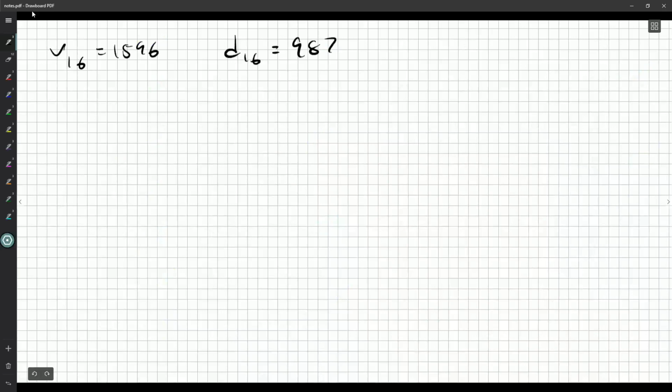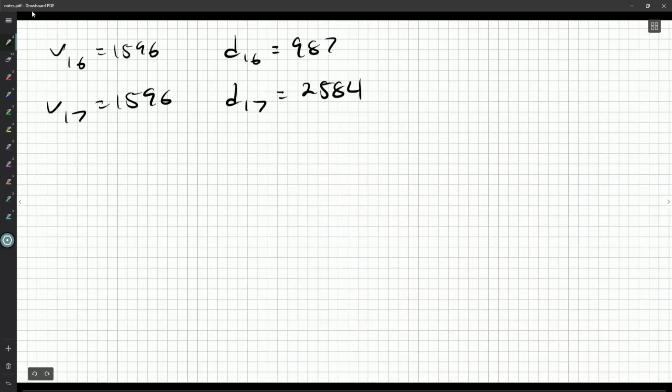1596. And then D16 should be the previous one, which was 987. And then, okay, here now I can test what I've got going on. Add on 987 and then add on 1. 2584.